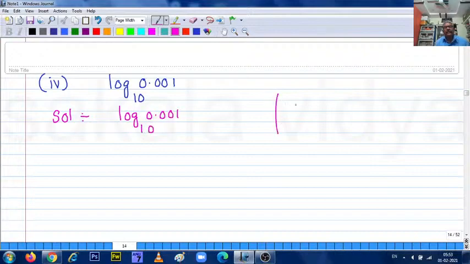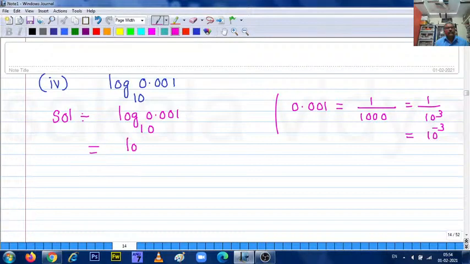Here see, 0.001. This is the decimal form. So decimal form you need to write in the fraction form. 1 by 1000. So this 1000 you can write 1 upon 10 cube. 1 upon 10 cube is 10 to the power of minus 3. So that means this equals, we can write log 10 to the power of minus 3 to the base 10.